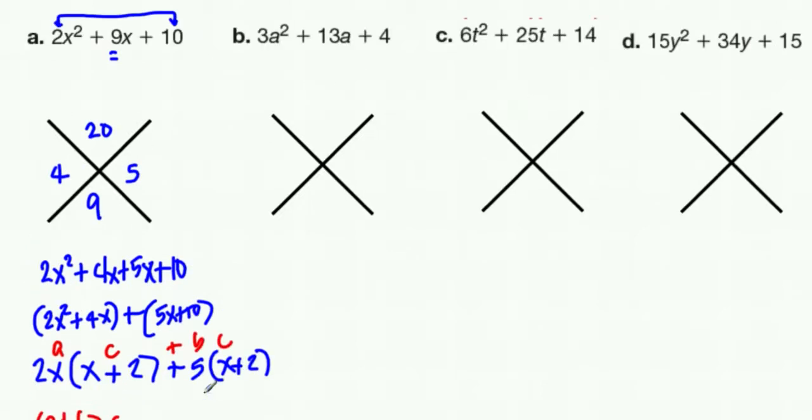And this is the factored form of 2x squared plus 9x plus 10.